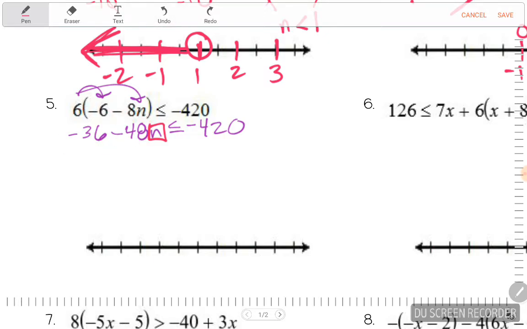The -36 is less attached, so it's easier to get rid of. So I add 36 to both sides. These are going to cancel out. I get -48n is less than or equal to. Adding these, -420 plus 36. One's negative, one's positive.